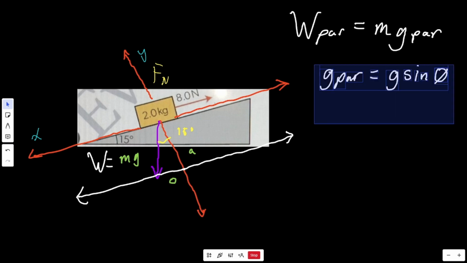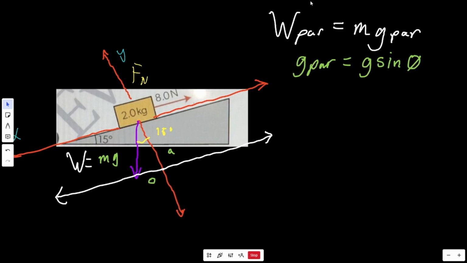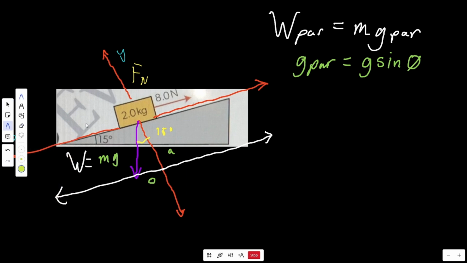So this is our g par. Okay, and plugging that into our working equation, we'll be getting w par is equal to mass times sine theta of g.